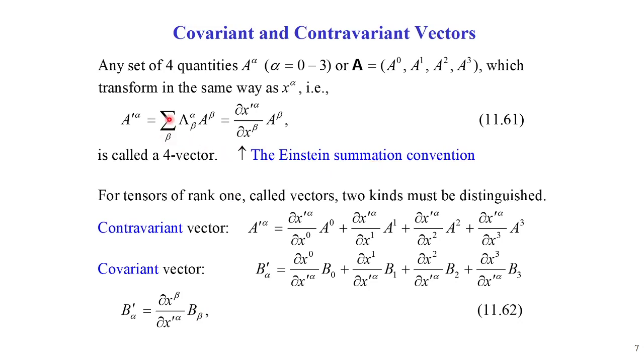Einstein simplified the notation: if we have one superscript and one subscript, that means we sum over 0, 1, 2, 3. So it simplifies the summation convention.